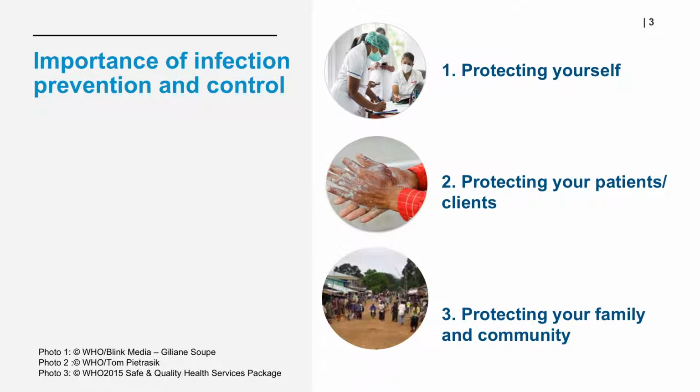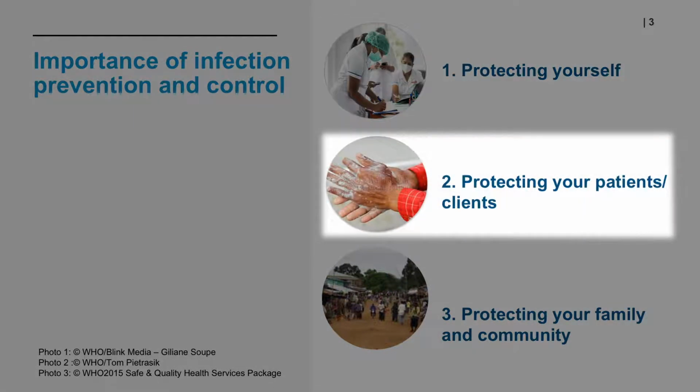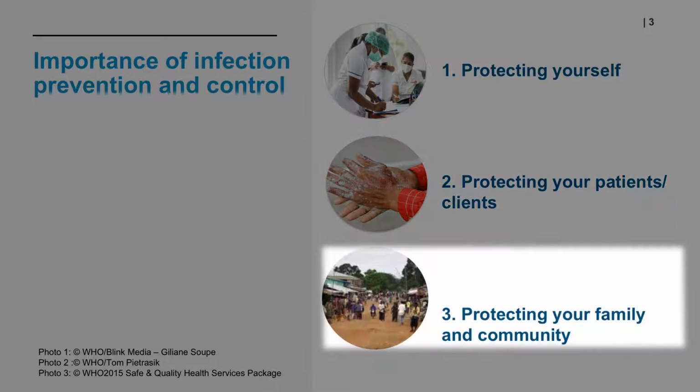IPC occupies a unique position in the field of patient safety and quality universal health coverage, since it is relevant to health workers and patients at every single healthcare encounter. Proper adherence to standard infection prevention and control practices can help to protect you as a health worker, your patients and clients, and ultimately your family and the community.